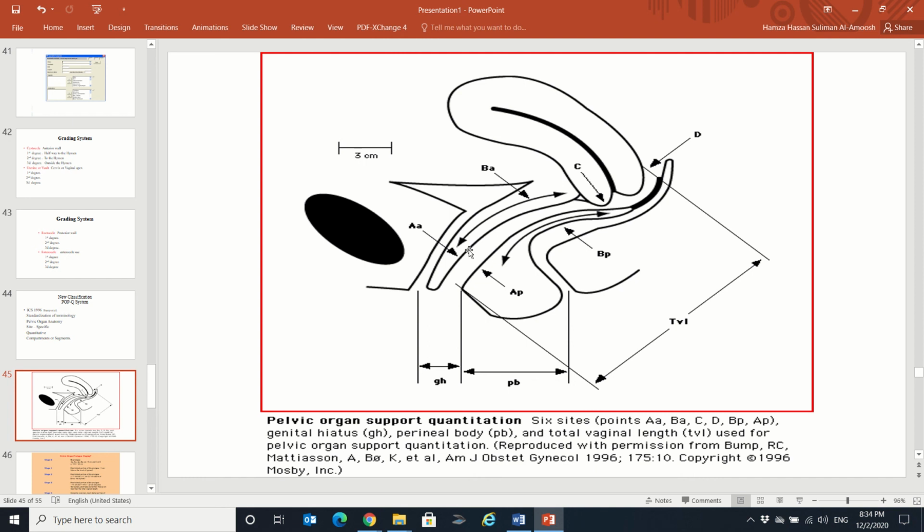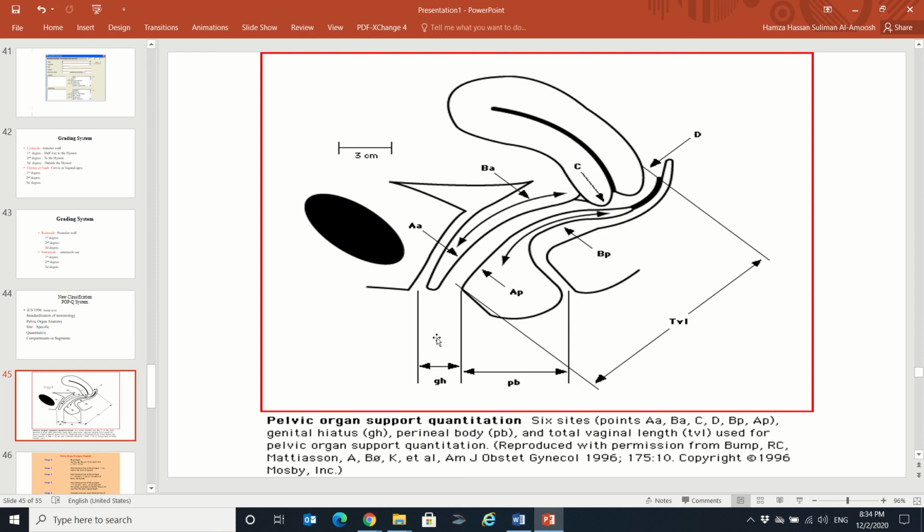How do we do that? Let's first look at the picture and define the things we can see in the POPQ. This area is the opening of the vagina, called the genital hiatus. This area between the posterior fourchette and the anal verge is the perineal body.